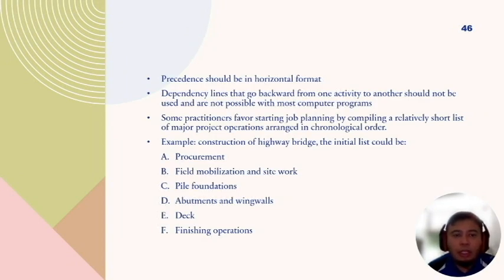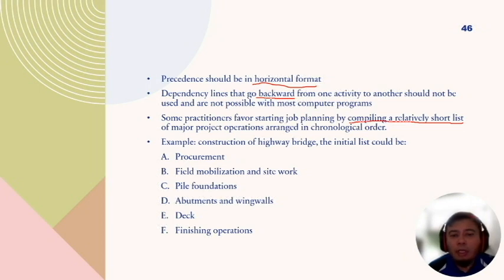The precedence diagram should be in horizontal format. Dependency lines that go backward from one activity to another should not be used. There is no backward line, so the line should be forward only. Some practitioners favor starting job planning by compiling a relatively short list of major project operations arranged in chronological order.